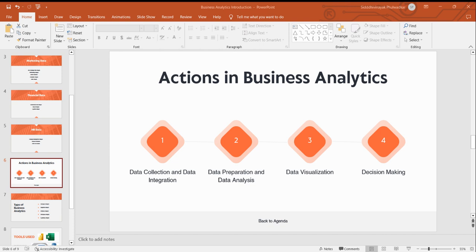Just for example, talking about financial data. If there is a company, let's say the example of Cadbury Dairy Milk, which is a product that the company Cadbury is promoting. They have multiple products, Five Star or Bournvita, etc. They have a lot of products in India.